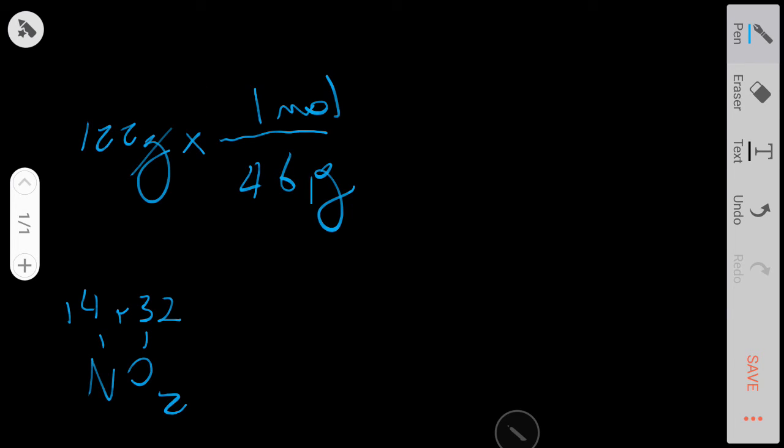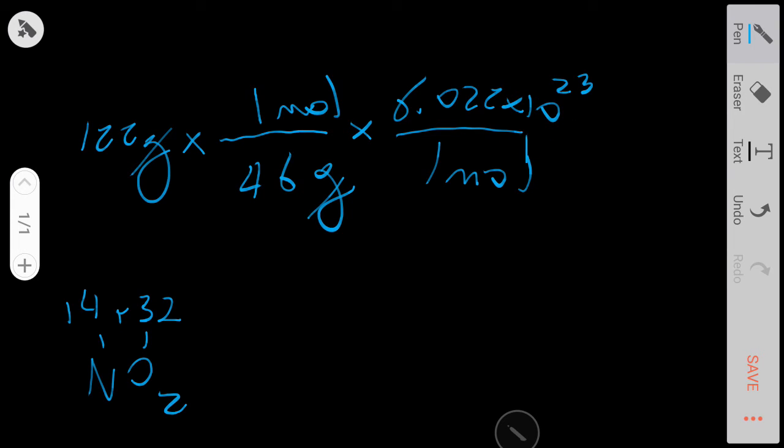All right, so here grams cancel. Now I want to get rid of moles and convert that to molecules. So let's do it. In 1 mole of anything, I have 6.022 times 10 to the 23. And in this case, it's molecules.